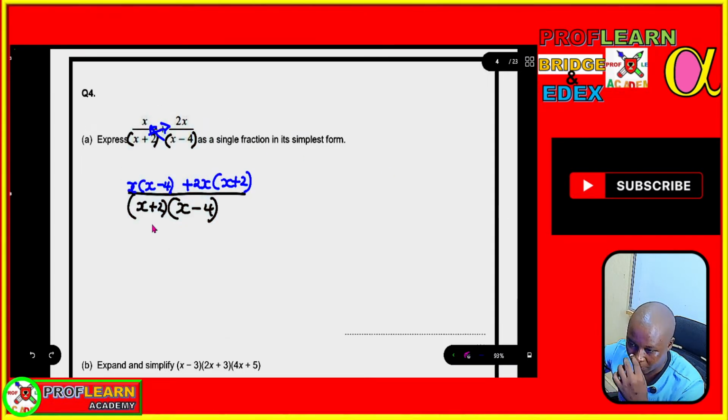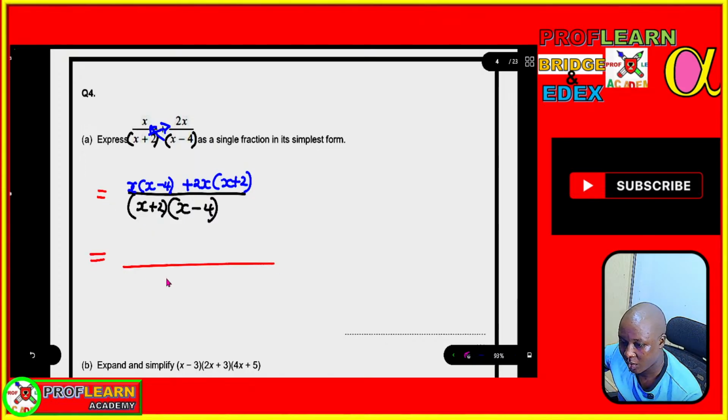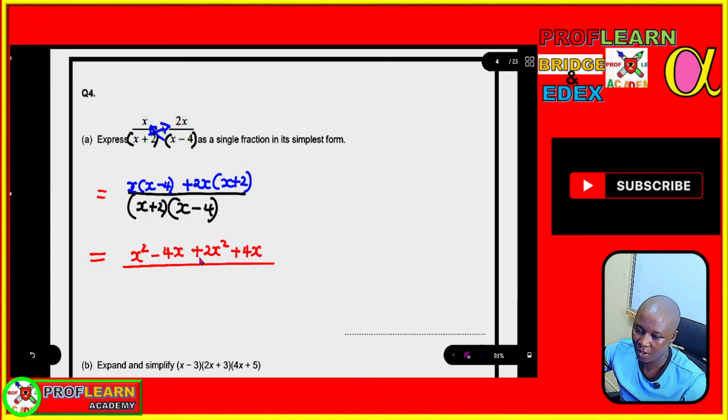So if we open the brackets here, what are we going to have? If we open the brackets there, we are going to have x squared minus 4x plus 2x squared plus 4x.